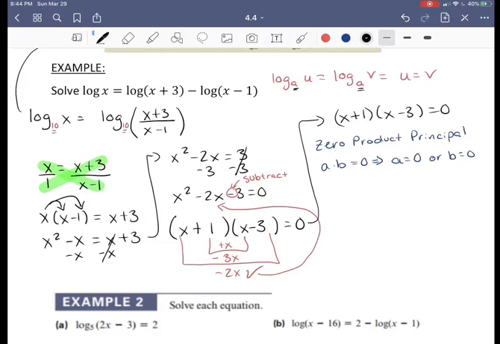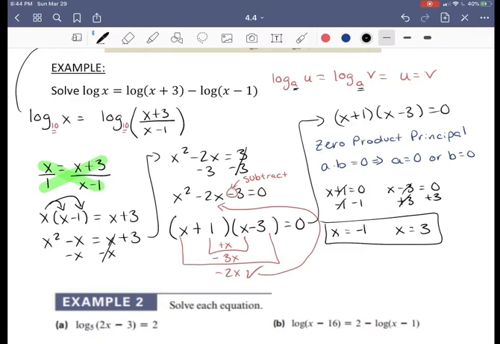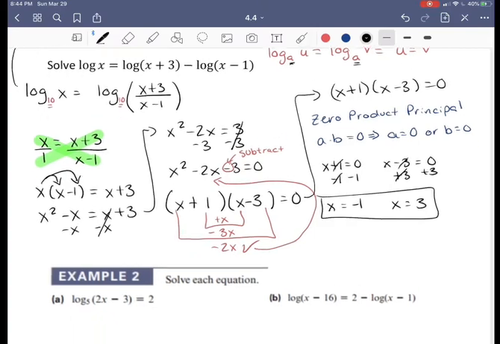Following that same logic, I can say that x plus 1 is equal to 0 and x minus 3 is equal to 0. Minus 1 minus 1, we cancel, so I have x is equal to negative 1. Plus 3 to both sides, the 3's cancel, and I have x is equal to 3. And that's the answer for this one. Okay?